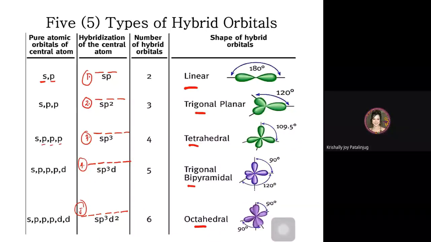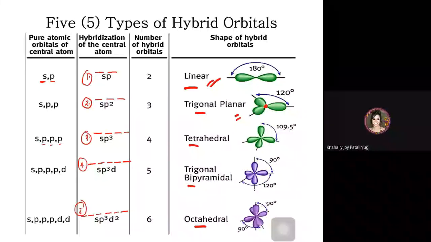Kapag yung molecule na yan forms a linear shape, ibig sabihin, yung hybridization ng central atom na yan is sp hybridized. Kapag trigonal planar yung shape, ibig sabihin, yung central atom na yan, sp2 hybridized.